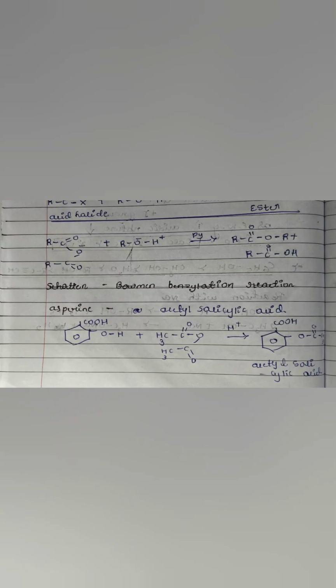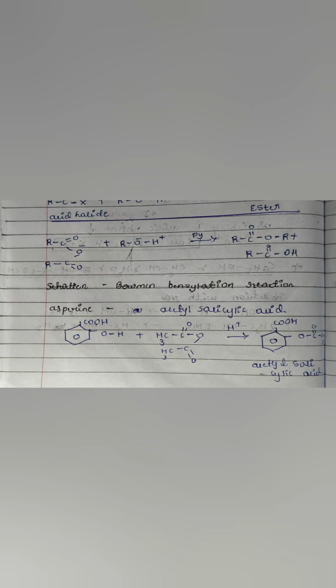And aspirin means acetyl salicylic acid. When salicylic acid is treated with acetic anhydride, it gives acetyl salicylic acid. It is also called aspirin.